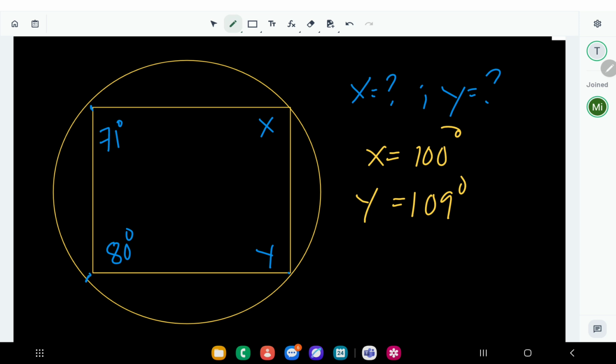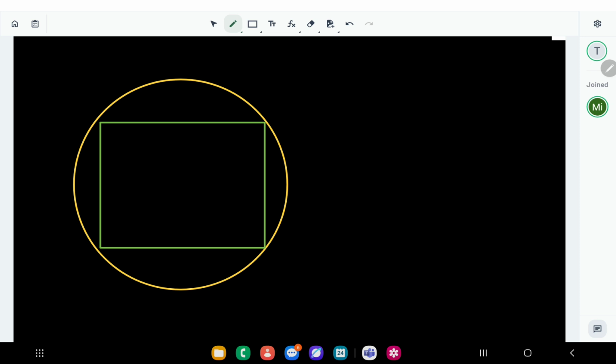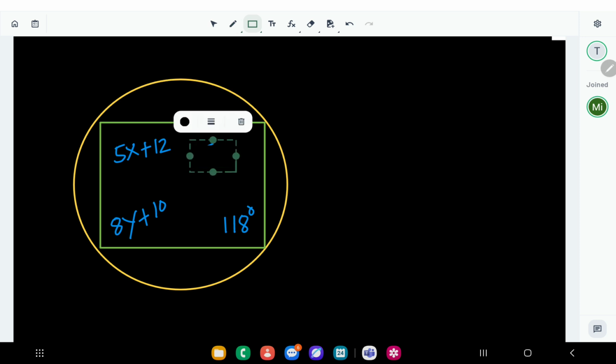Okay, let me give you another one. 5x plus 12, and this is, let's say, 118 degrees. And this one is 8y plus 10, and this one is, not 5, 2x plus 11y.